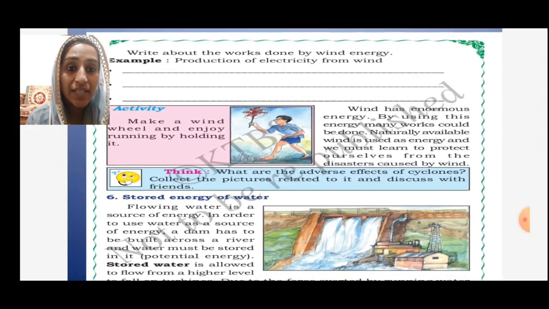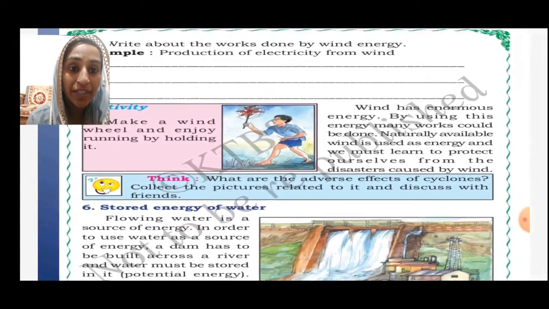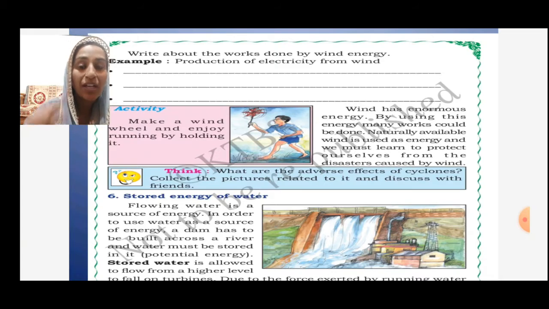This is what you do in daily activities: you run and your wheel starts rotating. We make it with paper, and the paper starts rotating. We make a wind wheel and enjoy running by holding it. Wind has enormous energy. By using this energy, many works could be done.